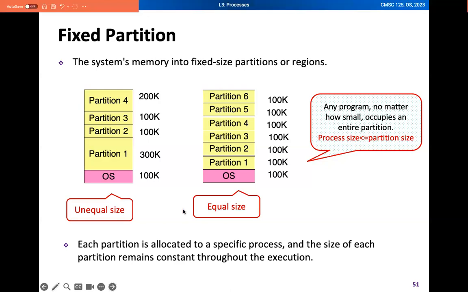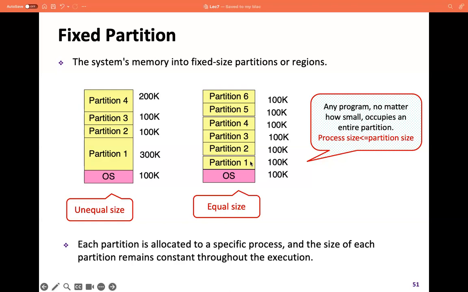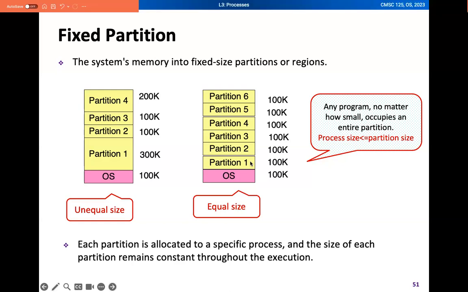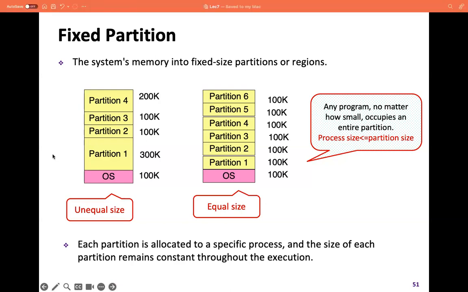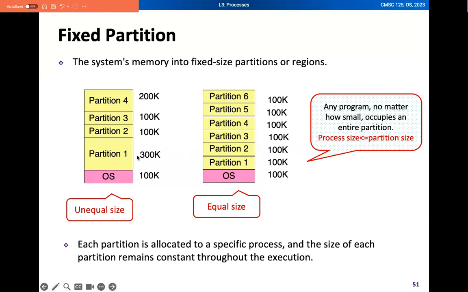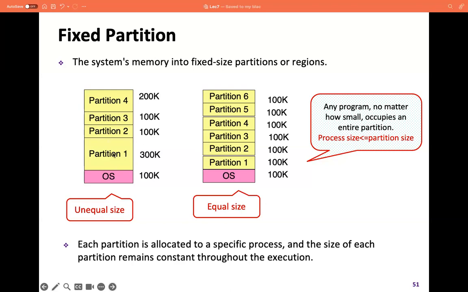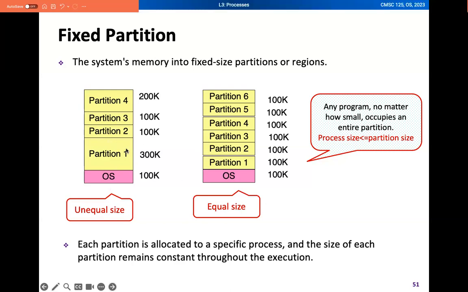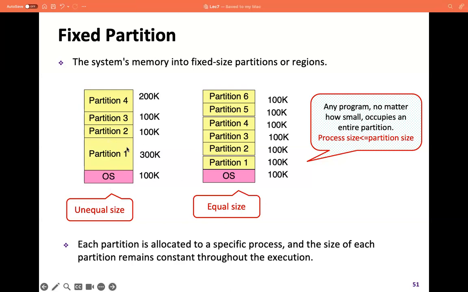And memory allocation will also be faster, since the system knows the fixed location of each process. So if a certain process has been loaded in partition 1, then all throughout the execution, that process will be found in partition 1. So it is easier to look for it, and it is easier to allocate and deallocate.